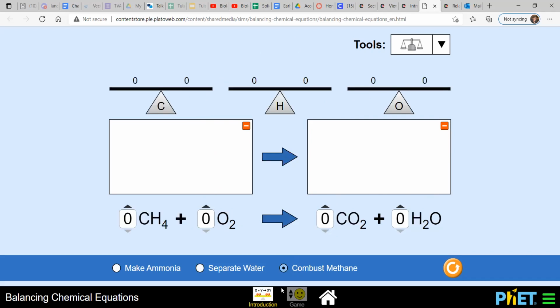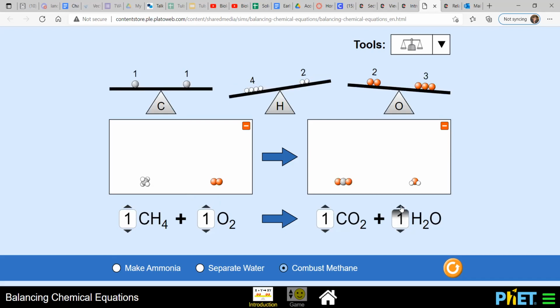And lastly, we have the combustion of methane equation. We have carbon, hydrogen, and oxygen. Add some to each side. The products of combustion are always CO2 and water.